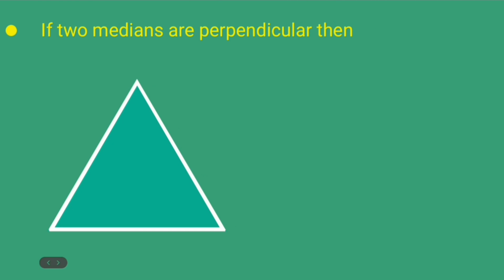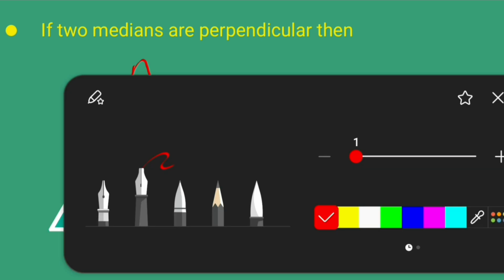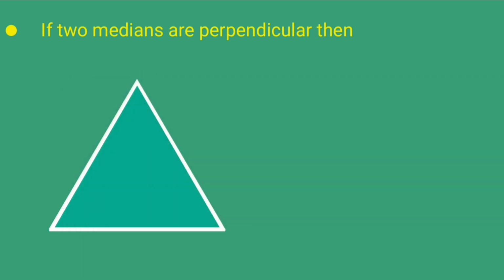Next, if two medians are perpendicular, then suppose here is a triangle. This vertex is A, B and C. And this is one median and this is the second median.